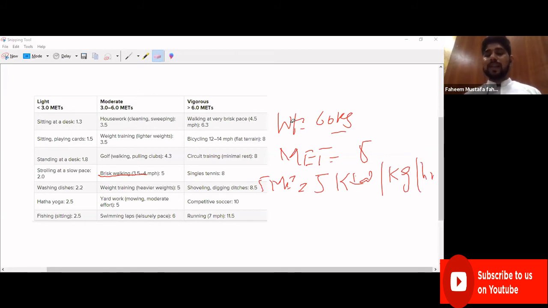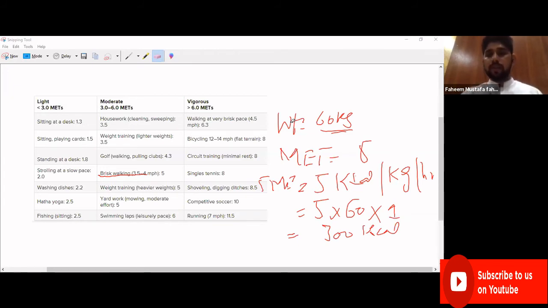To calculate the energy required to do brisk walk for 1 hour, I will multiply 5 kilocalorie per kg with my body weight, that is 60, and for 1 hour, so I will multiply it with 1. So it will be 300 calories. So I need 300 kilocalories to perform brisk walk for 1 hour.